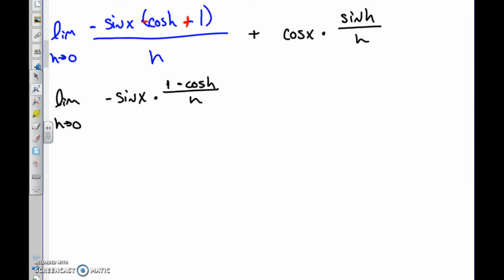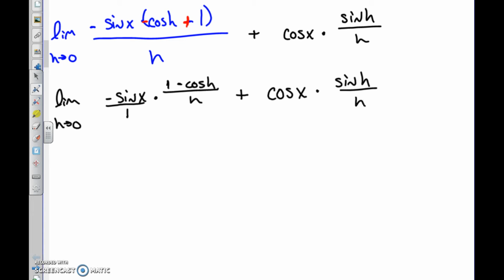And you agree, with algebra here, when you're multiplying fractions, you just multiply straight across, and this negative sine of x would actually be over 1, and when you multiply them back together, it would give you the step above. So we haven't broken any algebra rules here, and then now I'm going to have plus cosine of x times sine of h over h.